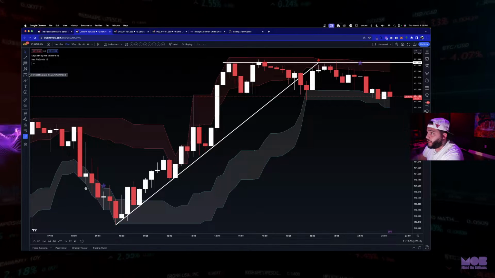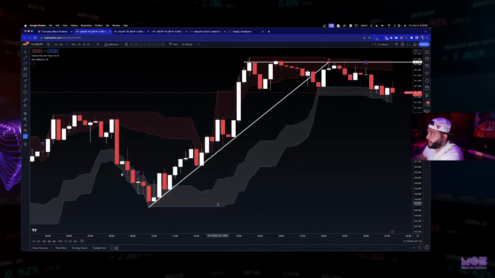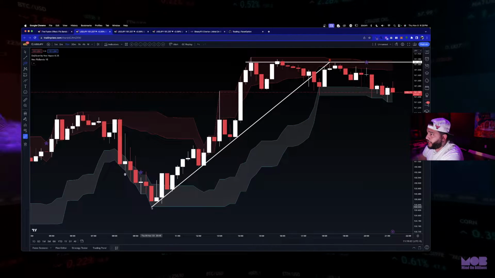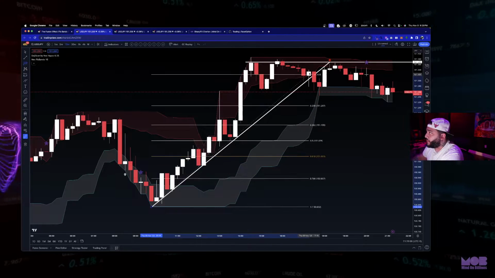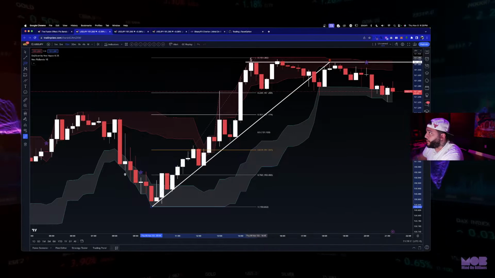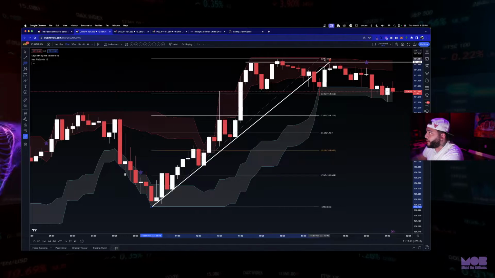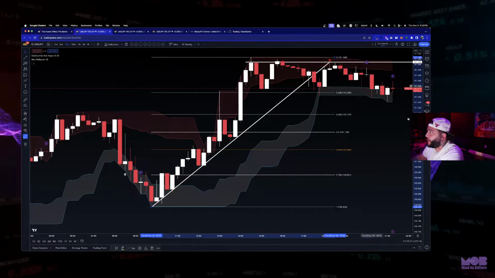So let's go over here to the Fib tool, Fibonacci retracement, and we're gonna take it from wick to wick. So from swing low to the swing high. I'm looking right over here, wick to wick. I'm gonna drag it out over here just so we can see it better.